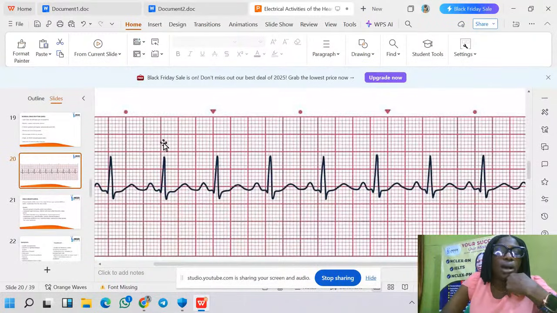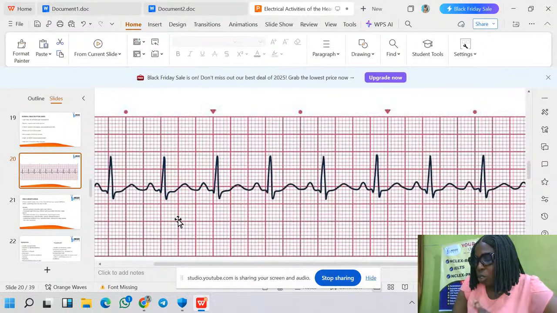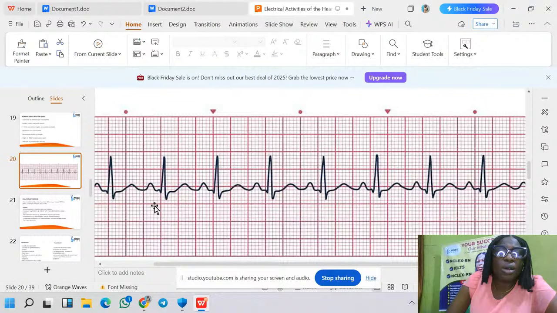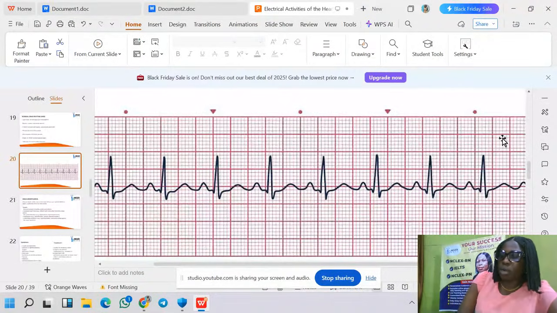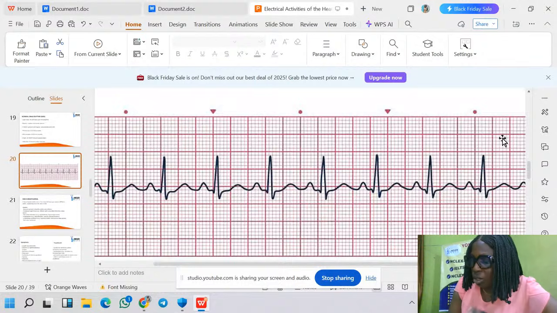Now QRS, you can see the R tall like that, and you can see that it's occupying only one small box. So this made me know that the QRS is also good. Then we have counted the pulse, and we have seen that the pulse is 100.